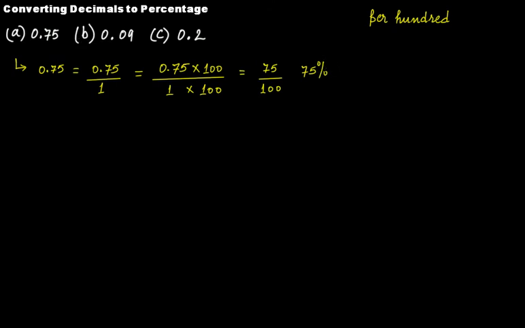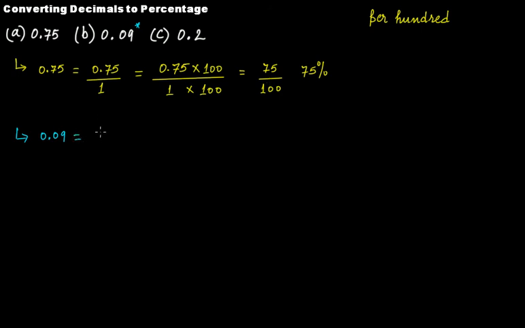In this one, B, this is 0.09. Again, I have to write a fractional number. In order to convert this into percentage, we first write a fractional number from this decimal number whose denominator is 100, as we have done here.